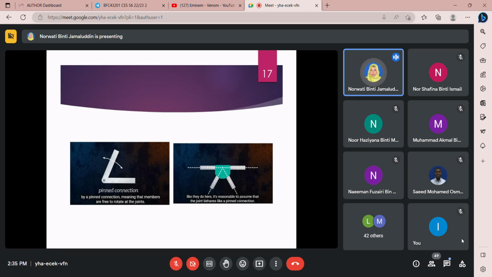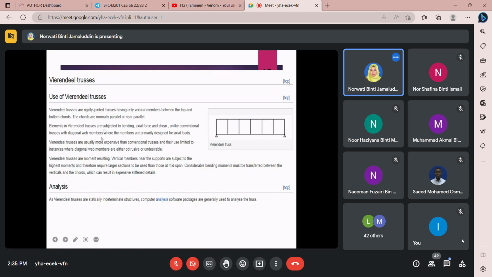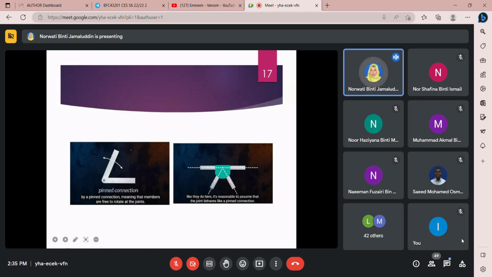If you want to ensure that your joints are pin joints, make sure all the axes will meet at one point. See, it will meet at one point. So you will not have eccentricity. Remember, here are the internal forces acting at this point.